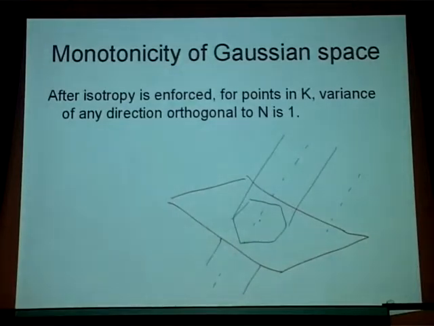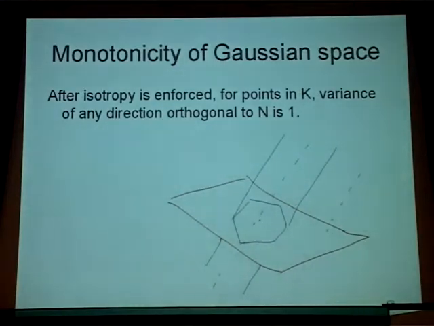So why is this? There's this nice property that Gaussian space has. After you enforce isotropy, the variance is 1 in every direction. And in fact, if you look at the positive examples, orthogonal to the normal subspace, you just have a Gaussian at every point, so the variance is still 1. Whether you restrict to one point or any subset, it's still 1, because every point orthogonal to it is just a standard Gaussian.